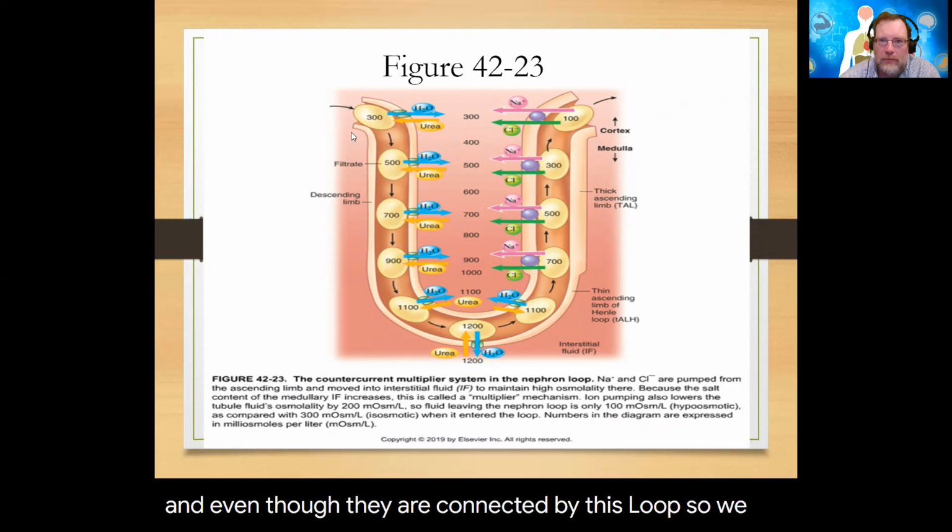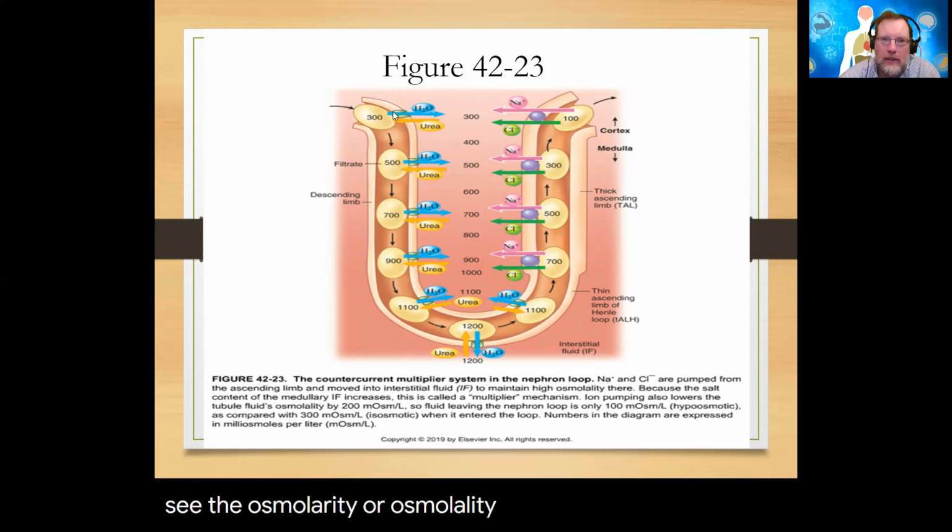So we see the osmolarity or osmolality of the filtrate at 300. And 300 is like isoosmotic. So we're going to get that nice balance of water leaving, urea coming in, water leaving, urea coming in. So we're building and building and building.